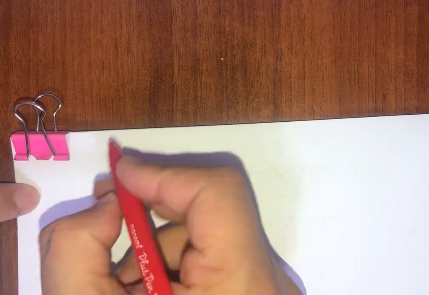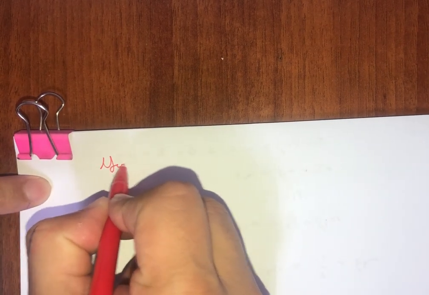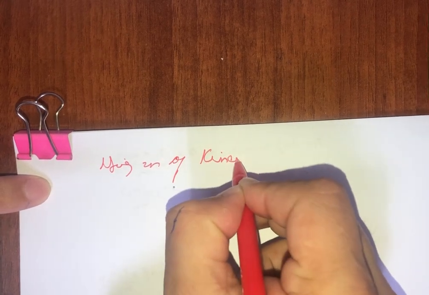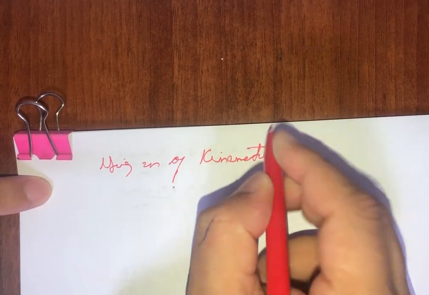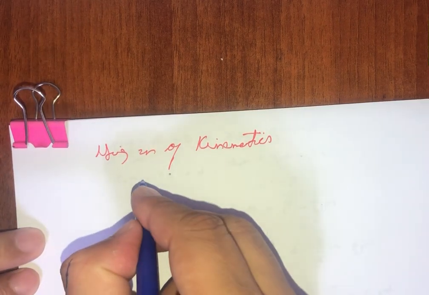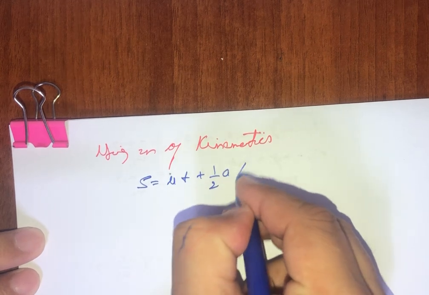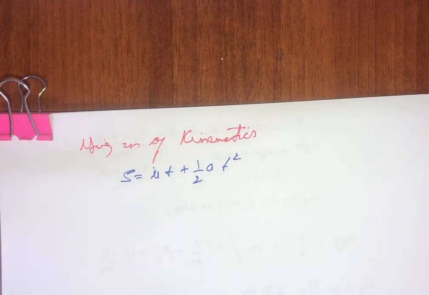And now we already said that the distance traveled by the ball in time t is L. Okay, so we are going to use the equation of kinematics, which states that S is equal to ut plus half at square.